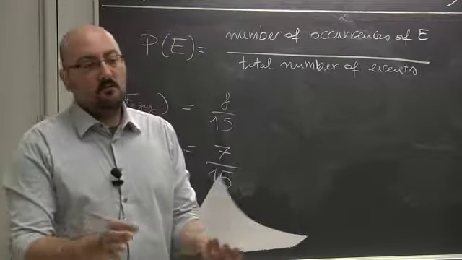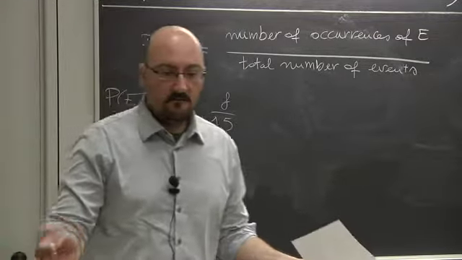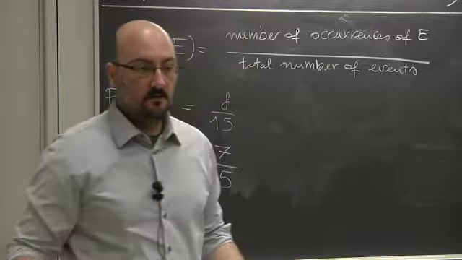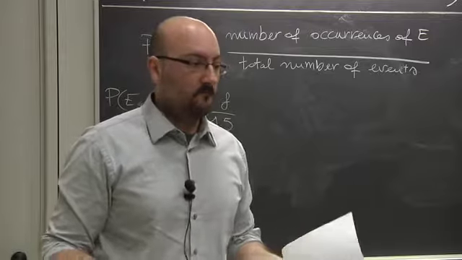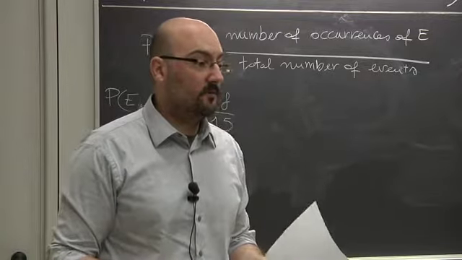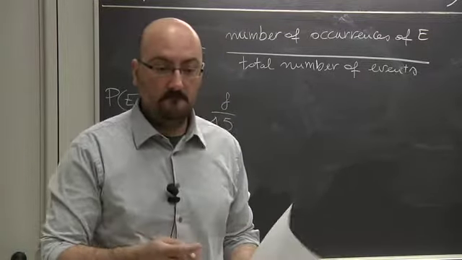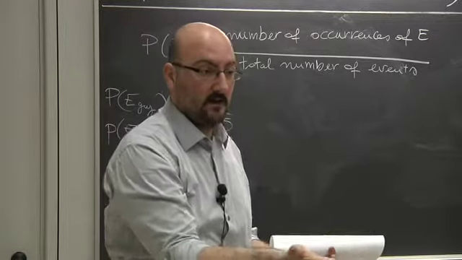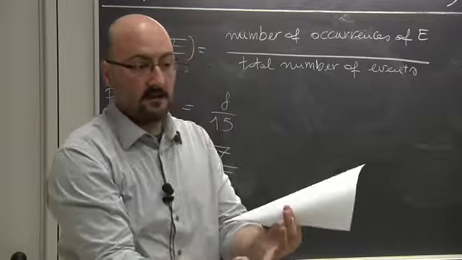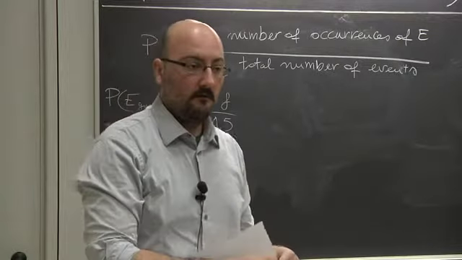This is a situation in which I can completely count the total number of events and the number of events. But there are other situations in which this cannot be done. For example, if I toss a coin, okay? I toss it in the air, and I land it on my hand, and I see whether it's head or tail. Okay.